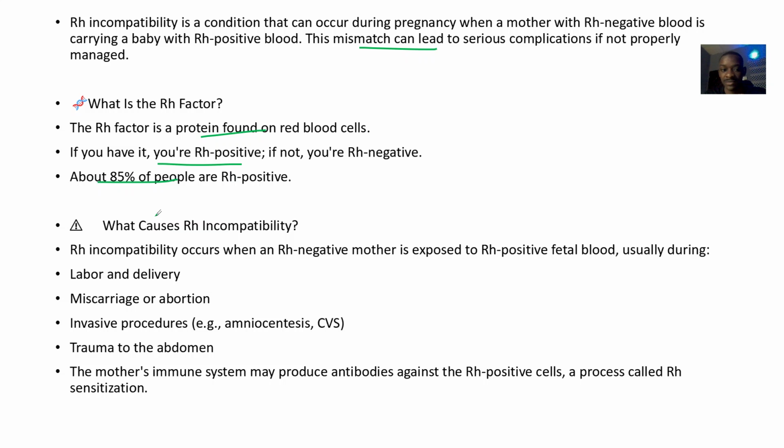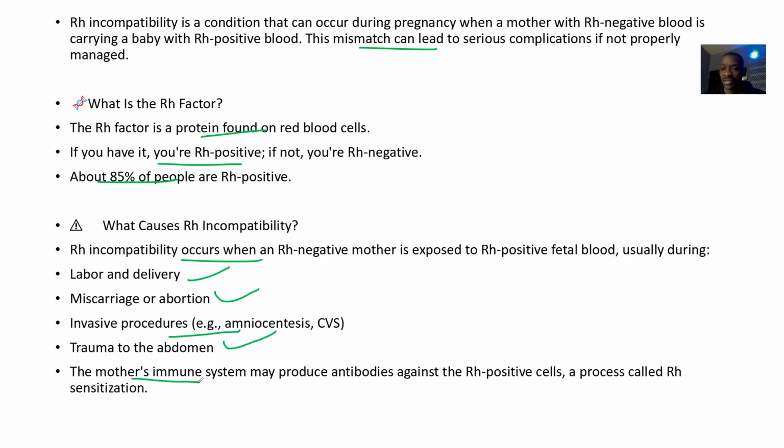So what causes this Rhesus factor incompatibility? It can occur when a Rhesus negative mother is exposed to what? Rhesus positive fetal blood, usually during labor or delivery, miscarriage or abortion, invasive procedures, or if there's trauma to the abdomen. The mother's immune system may produce antibodies that will fight the Rhesus positive cells of the baby. You understand?